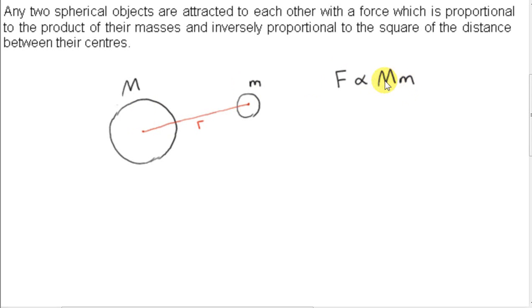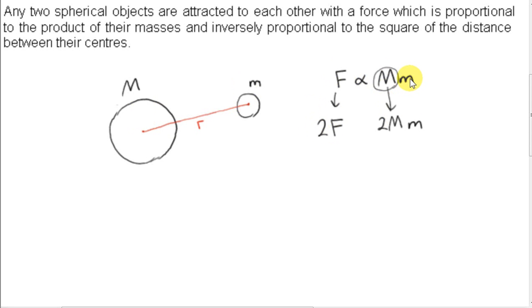So what does this mean? Well, it means that if we double any of these two masses, we will double the force. So, if we replace big M with a mass that's twice as big, 2 times big M, then we double the force.